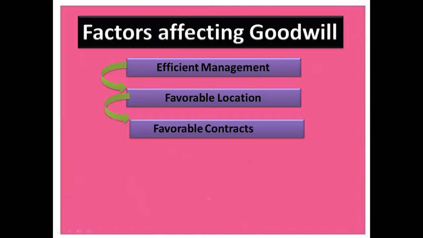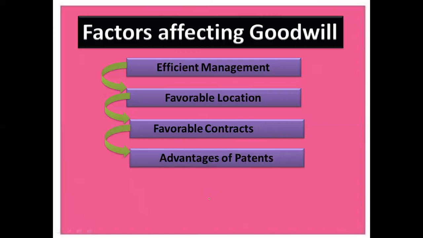Next, favorable contracts. Favorable contracts means the business is having good tenders and good agreements to work with good people. Successful organizations have given their contracts to the organization. It also adds reputation to the name and fame of the organization.